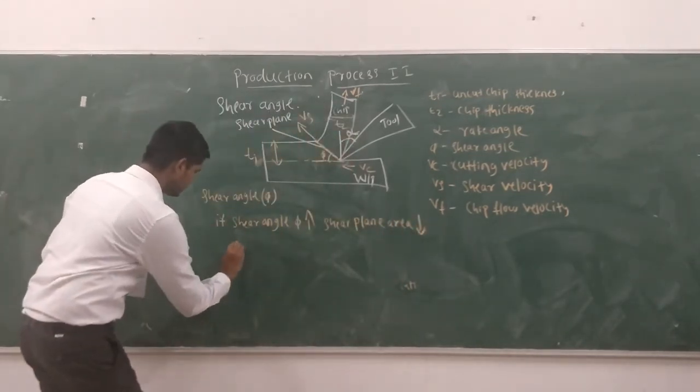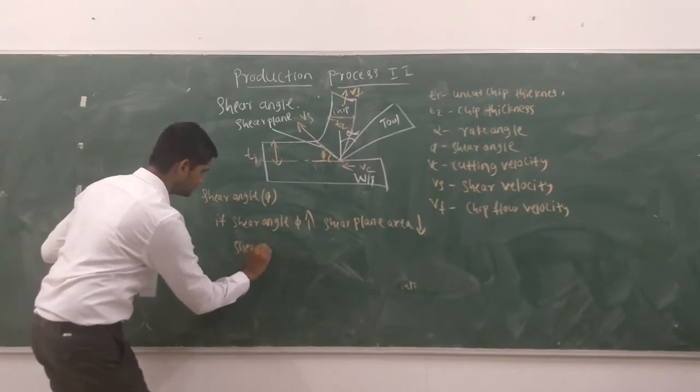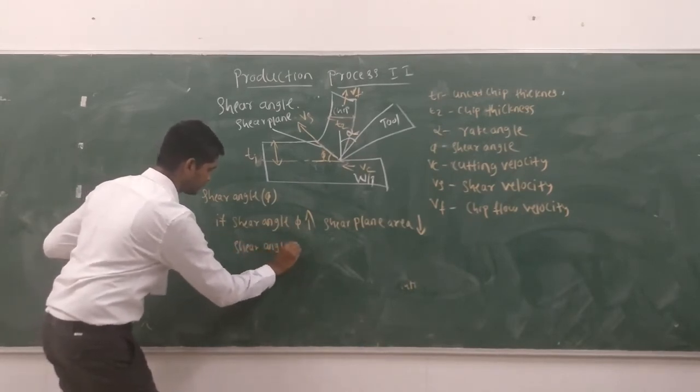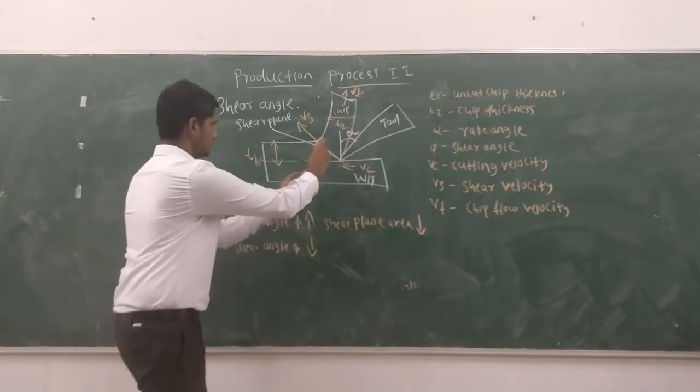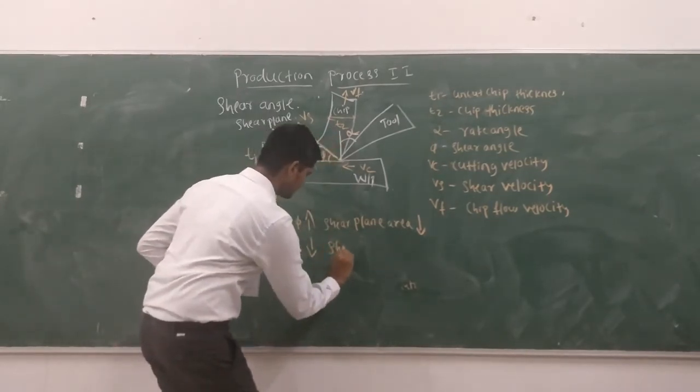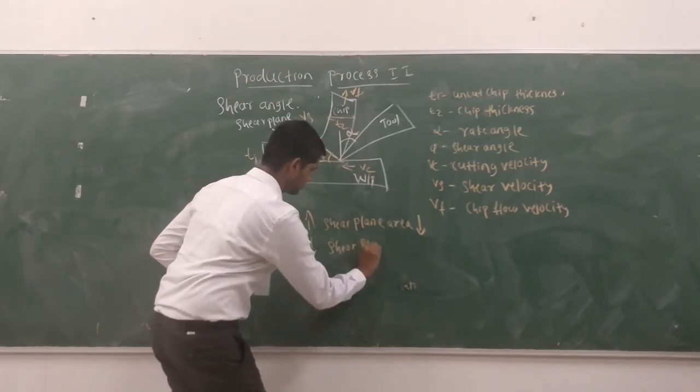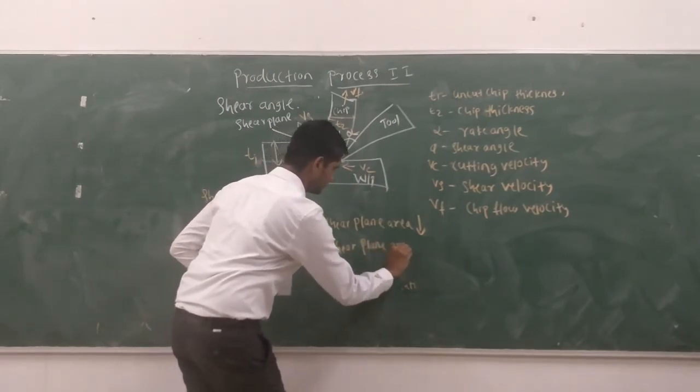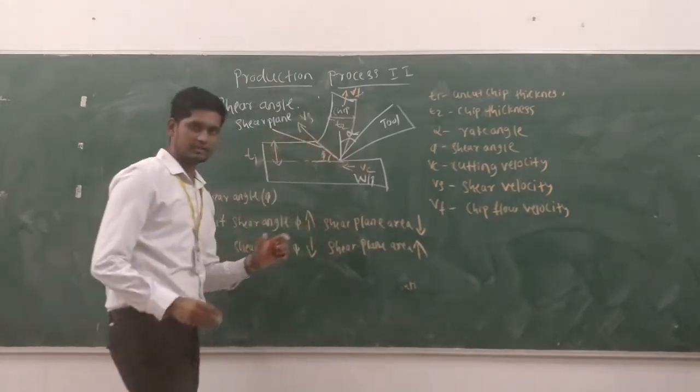Okay. If shear angle phi decreases, then the shear plane area increases. Now we have these two conditions.